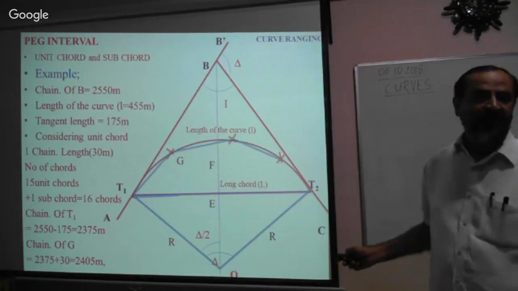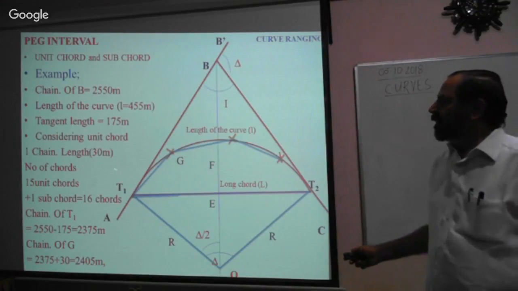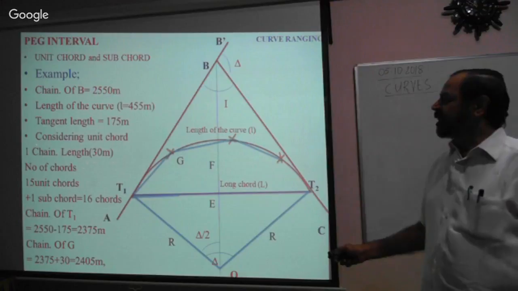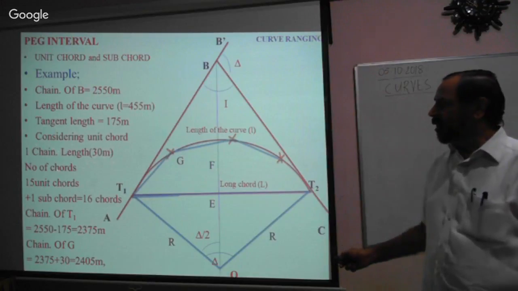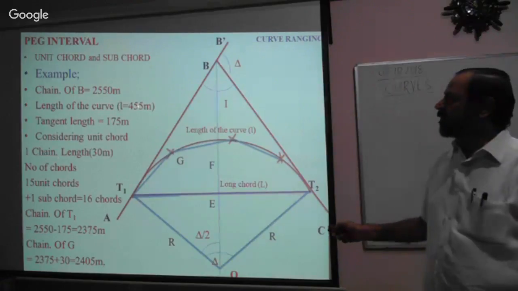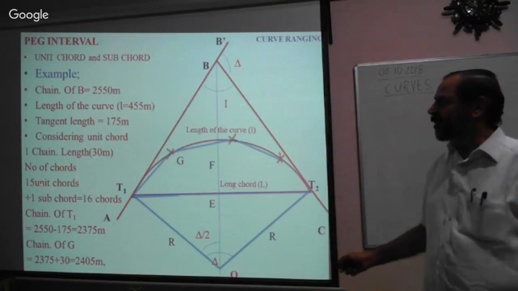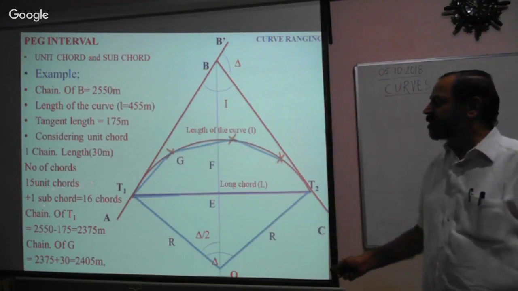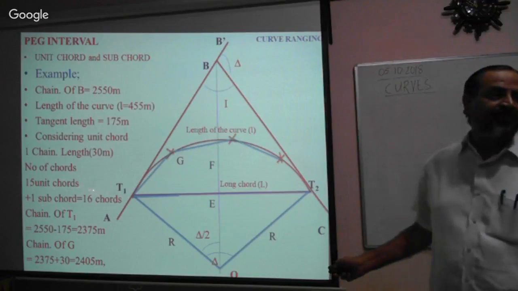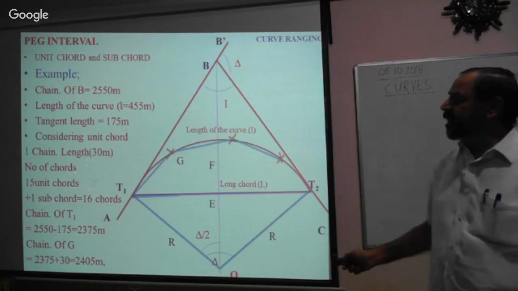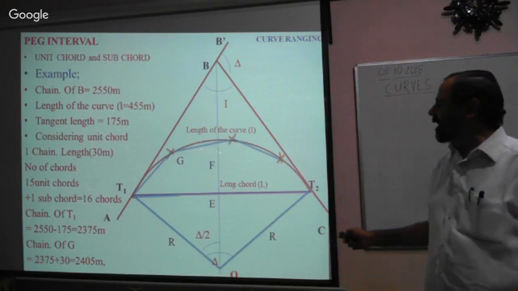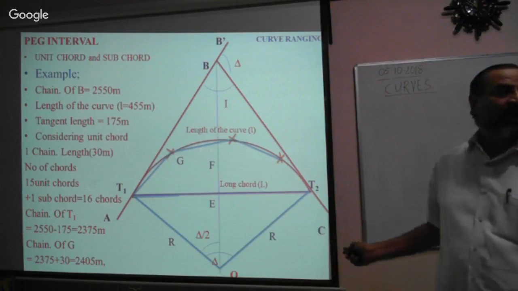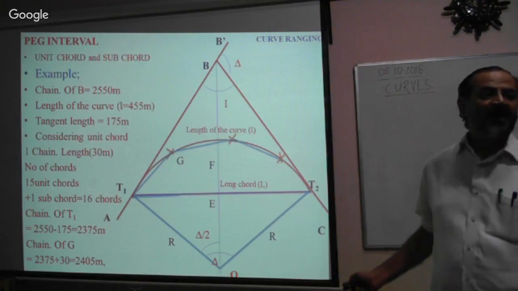Here I have taken 30 meters as one chain length. Therefore, number of chords: 455 meters gives 15 chords plus one sub chord. Each unit chord is 30 meters, and at the end we get one 5 meter sub chord.